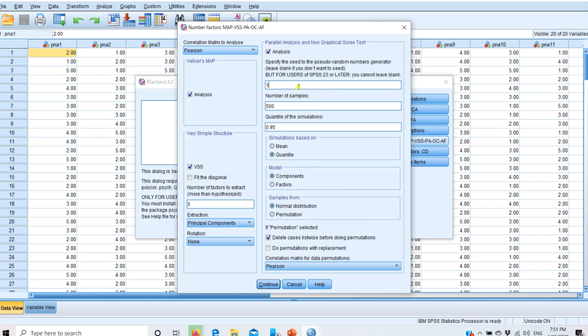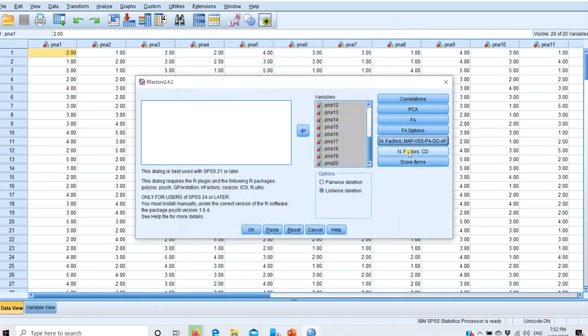Otherwise, you can leave it blank. You can give any seed number. There are different methods of giving a seed. The seed should be such that you can remember it. If you use the same seed, you will be able to reproduce the same outputs again and again. Here there are options: simulation should be based on mean or quantile. Quantile is better. So let us leave all these default and continue.